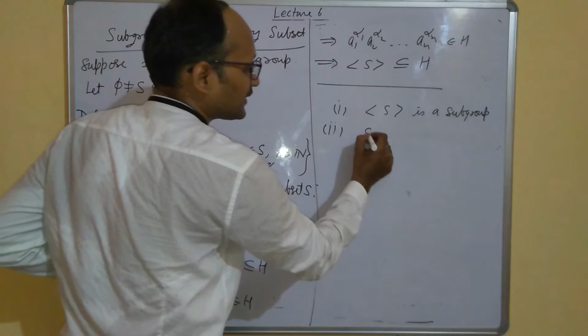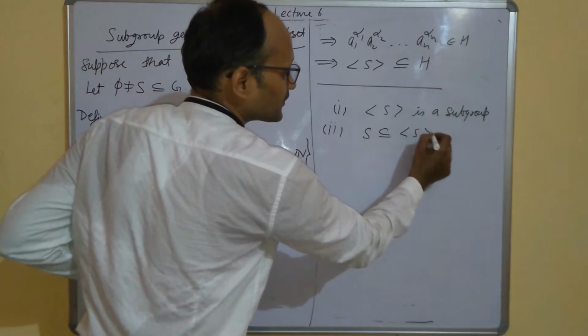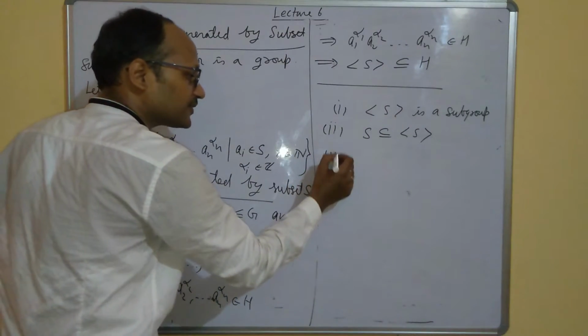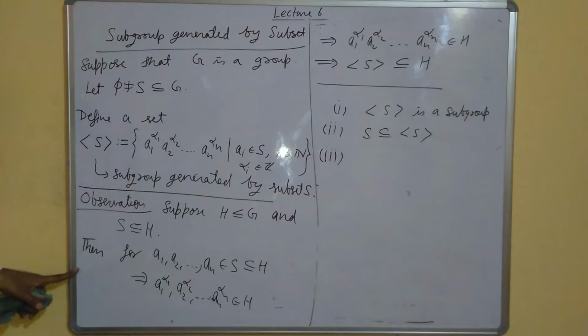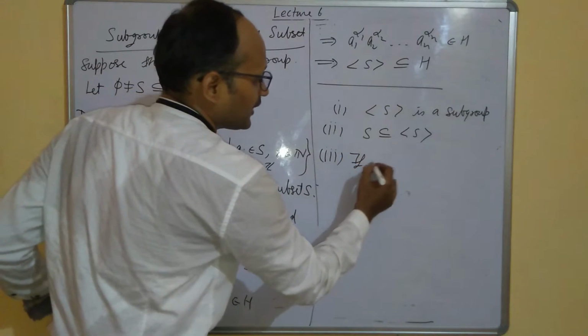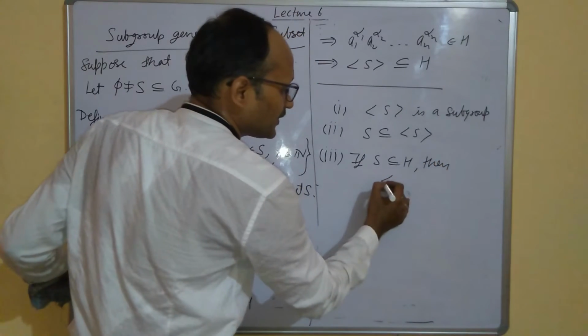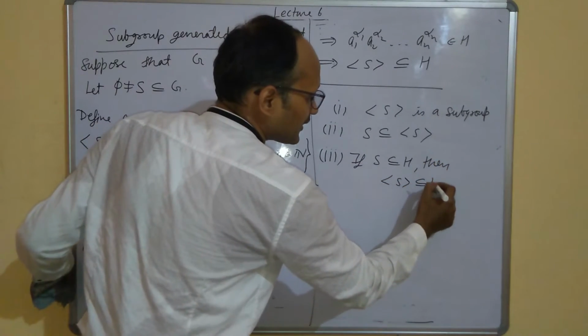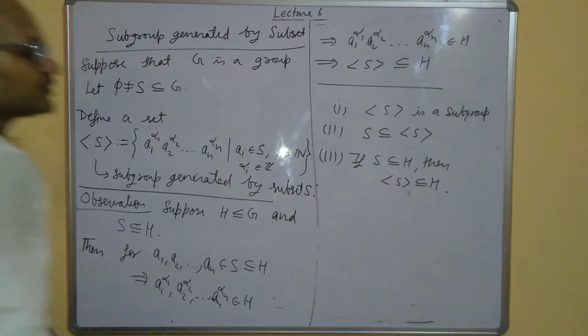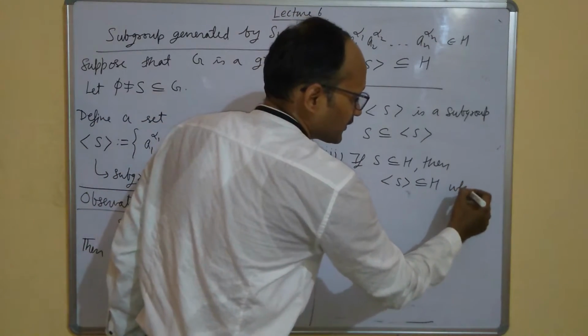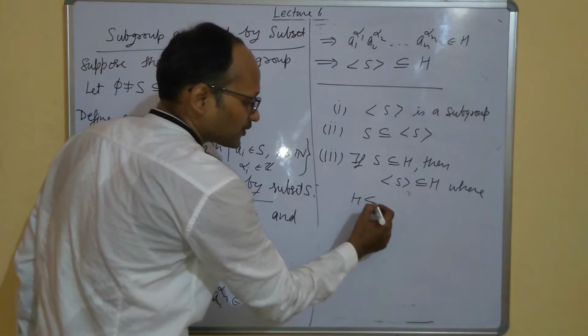Second, that S is contained in this subgroup. And third, which we have just now observed, is that if S is contained in H, then this subgroup is also contained in H, where H is a subgroup of the group G.